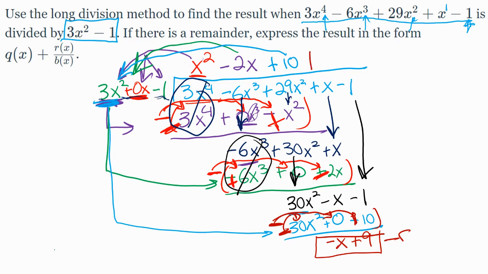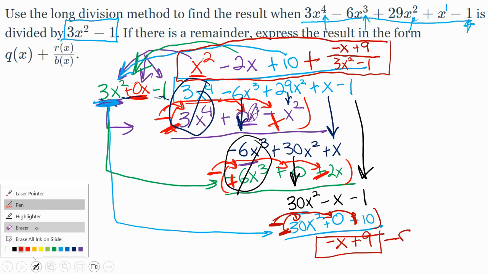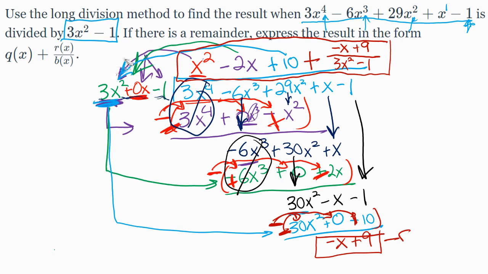It just goes up top next to my quotient so far, and you put it over top of a fraction bar. So it's going to be negative x plus 9, and it needs to be divided still by 3x squared minus 1 because it didn't go in evenly. So this in the box is the final result from dividing with long division this quadratic into this quartic.